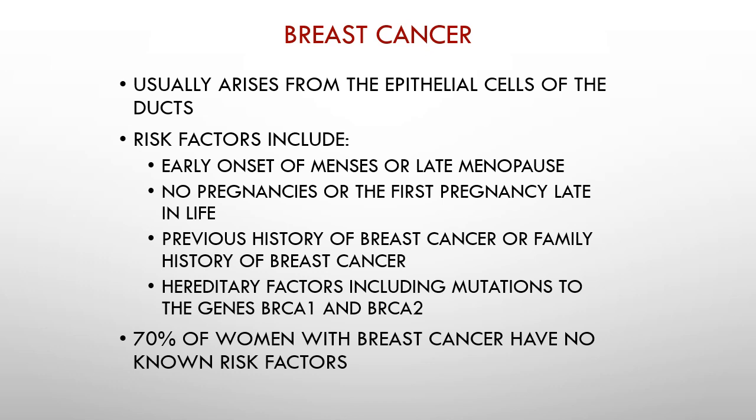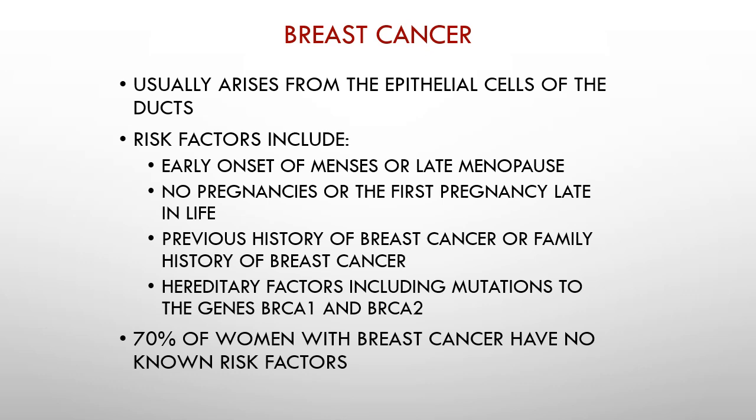One of the things that comes up when it comes to cancers is that if we look at different types of cancers, oftentimes they're in tissues where there's a large amount of cellular turnover. And oftentimes that cellular turnover comes in epithelium. Breast tissue is no different. With breast cancer, there are some risk factors for women. Things like early onset of menses and late menopause; essentially, the body's been exposed to the female hormones for a long period of time.